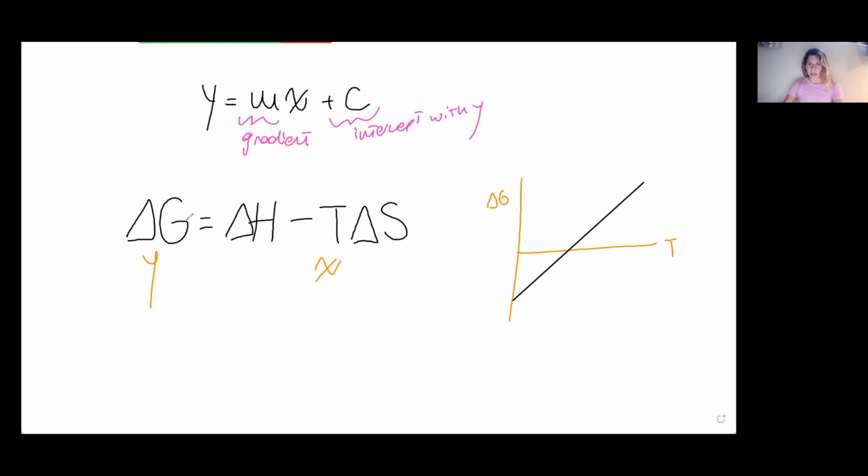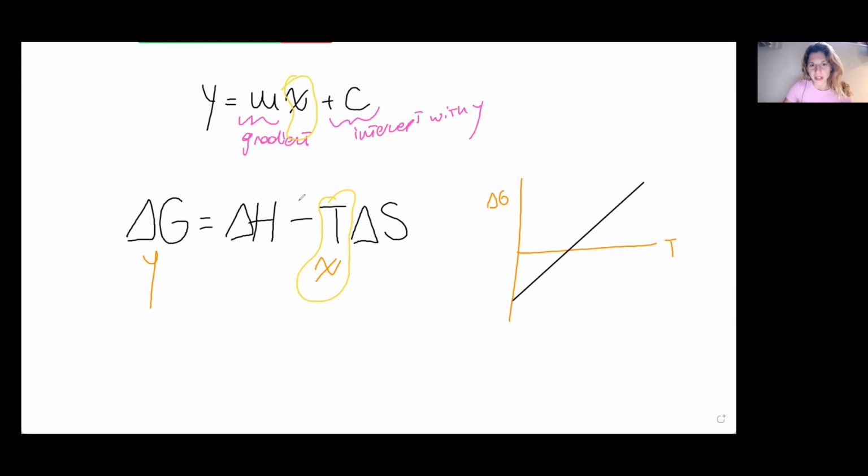There are some points that are important to consider, but the important thing is that I want you to be able to recognize if an equation, simple or not, can be rearranged or structured as a line graph, because the line graph is really useful to identify the values. If we analyze this one, considering T is x, whatever is next to the x is the gradient.